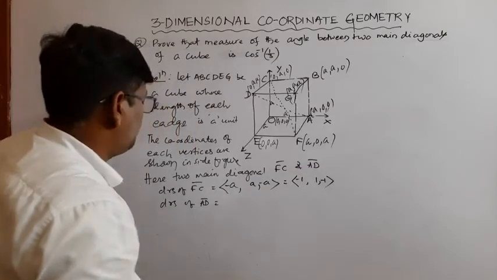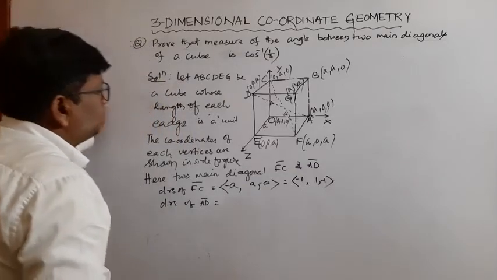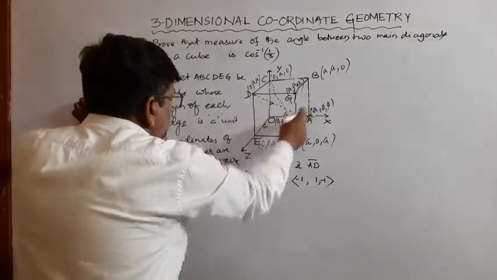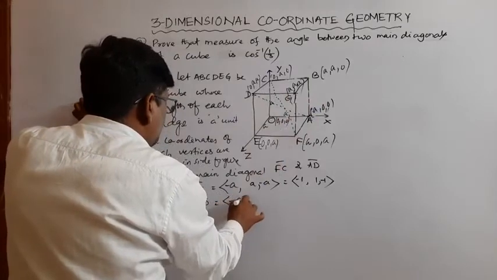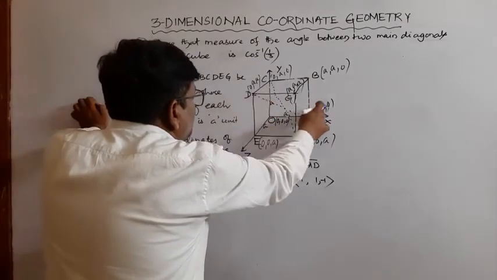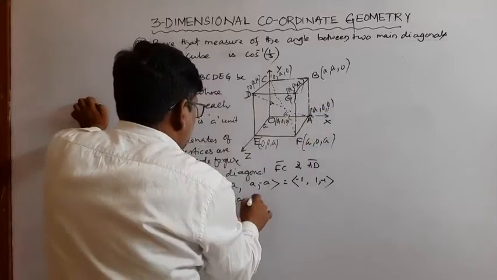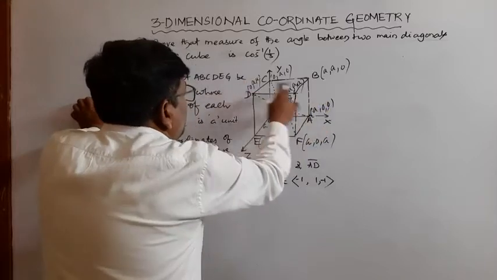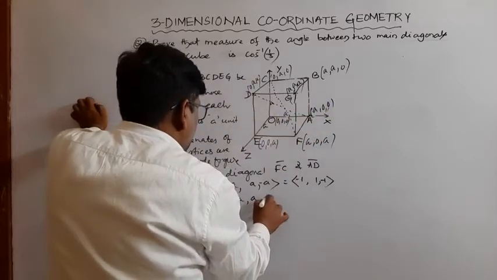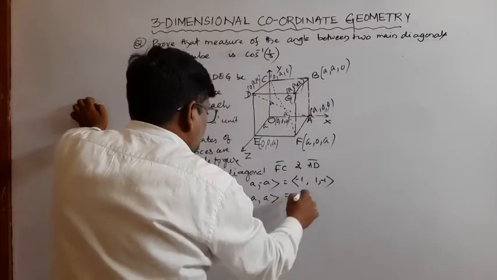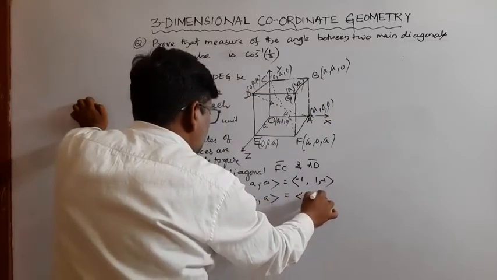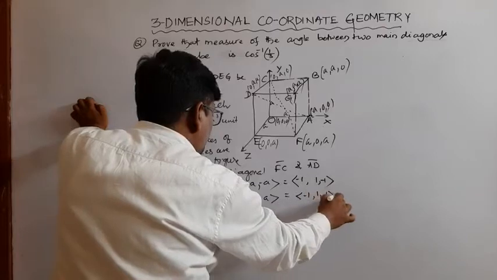The DRs of AD: D minus A, that is (0 minus a, a minus 0, a minus 0), so taking a common, (minus 1, 1, 1).